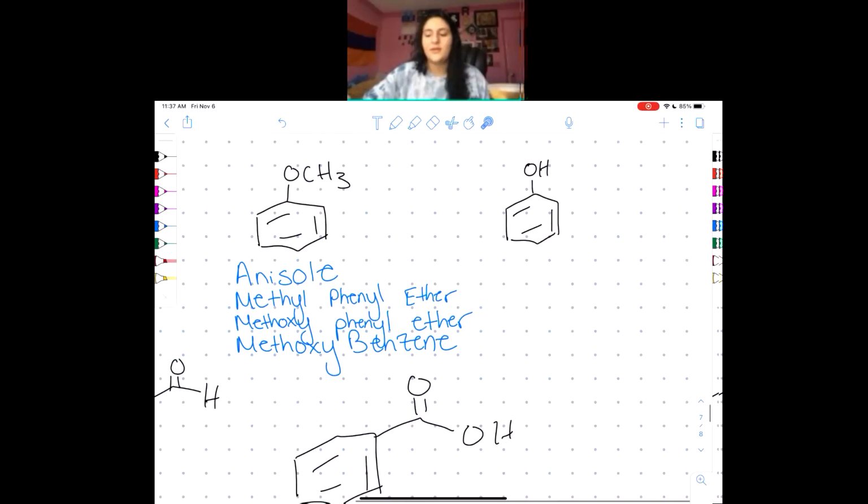Okay, so this one we should be pretty familiar with. What do we call this? This one right here. Exactly, this one is phenol. And one of the IUPAC kind of names that we could use is benzoic alcohol.